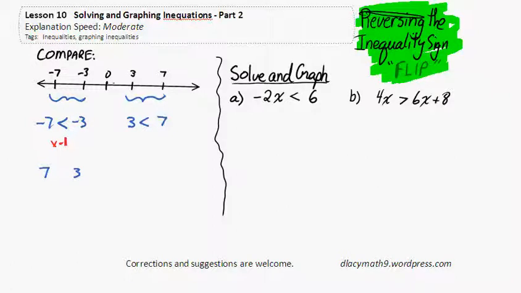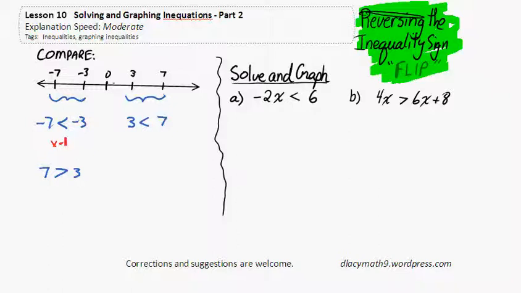So let me ask you, what is the correct symbol to put between 7 and 3? Well, the answer is that 7 is greater than 3. In changing these negatives, essentially by multiplying by -1 or dividing, I changed the sign of both sides, and the only sensible thing to do turns out to be to flip or reverse the sign.